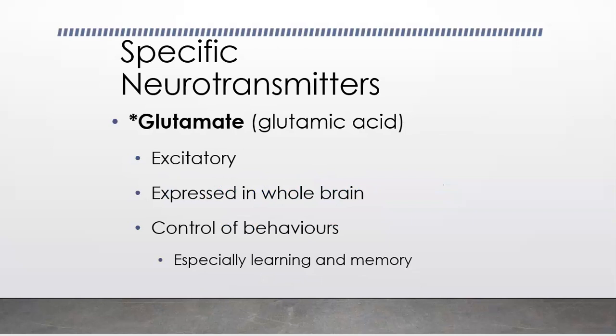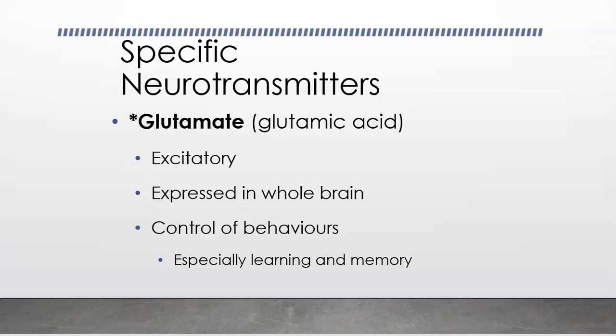So the first specific neurotransmitter we're going to talk about is glutamate. And this is one of the big two neurotransmitters. There are two main neurotransmitters throughout the brain, and these are the two that you're definitely going to want to know. I'm going to bring them up throughout the class, and they're definitely going to be on the midterm and the final, and maybe even your assignments.